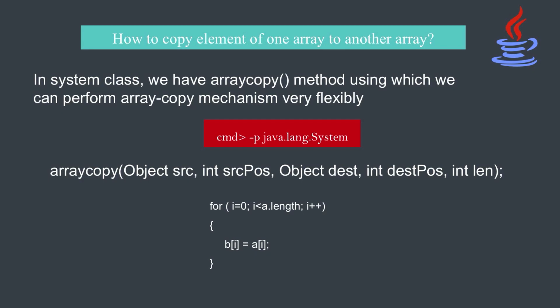Then the third parameter is the destination array, an object; we pass array B. Then the destination array index position, from where in the destination array the elements need to be copied, and finally length, the number of elements from the source array which need to be copied into the destination array.